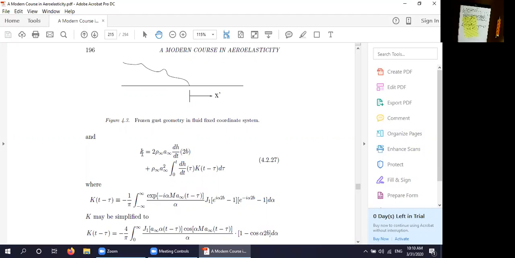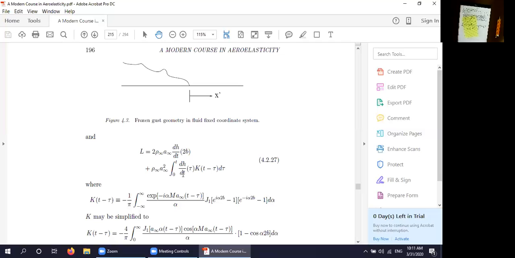Do you want the CL or the CL alpha? Well, in this case, it's going to be just CL because it's really both in a way, because if I set dHdt over U infinity equal to 1, that effectively is an equivalent alpha, because alpha, which is an equivalent angle, is really the vertical velocity of the airfoil, which in this case is dHdt, divided by the horizontal velocity of the flow.